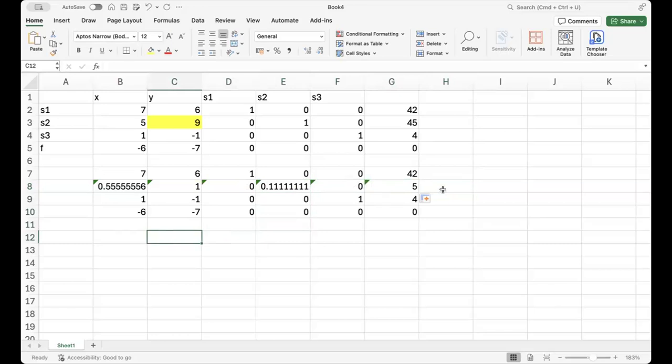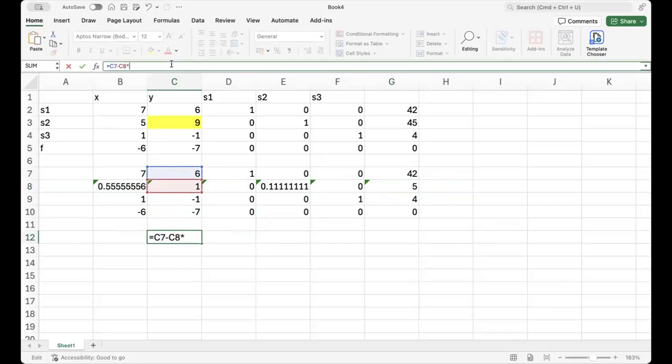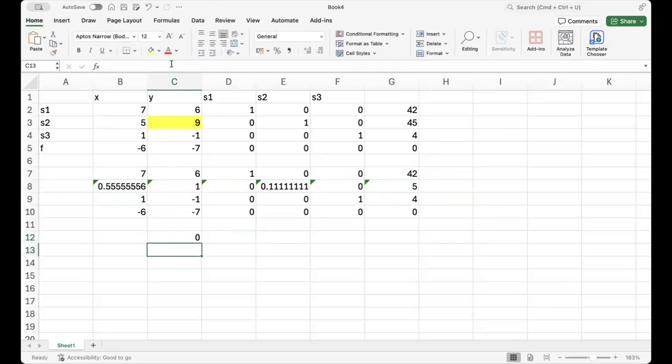And then in order to make this element 0, we subtract this one by this one times this one. You get it?